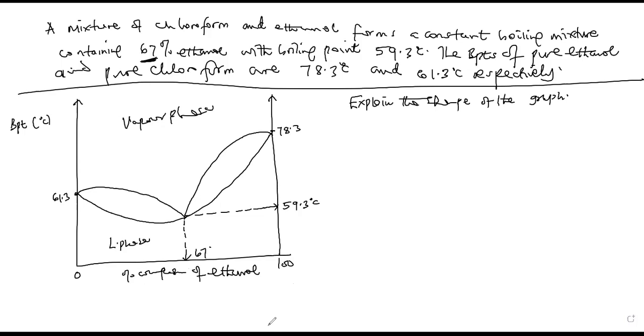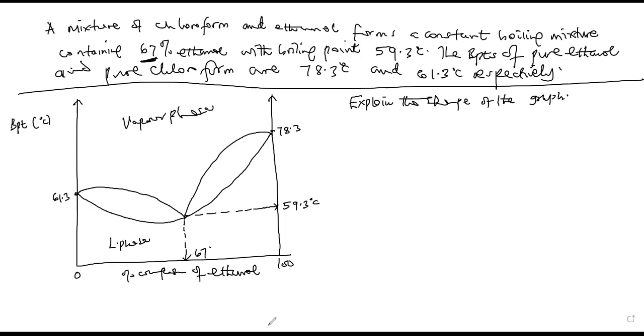So heat is absorbed as weaker intermolecular forces are formed in the liquid mixture, and the escaping tendency of the molecules into the vapor phase increases, resulting in a higher vapor pressure.